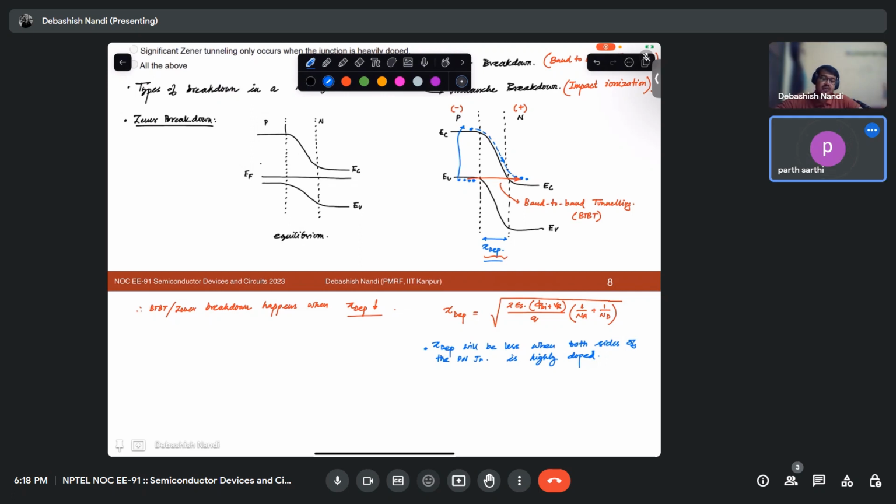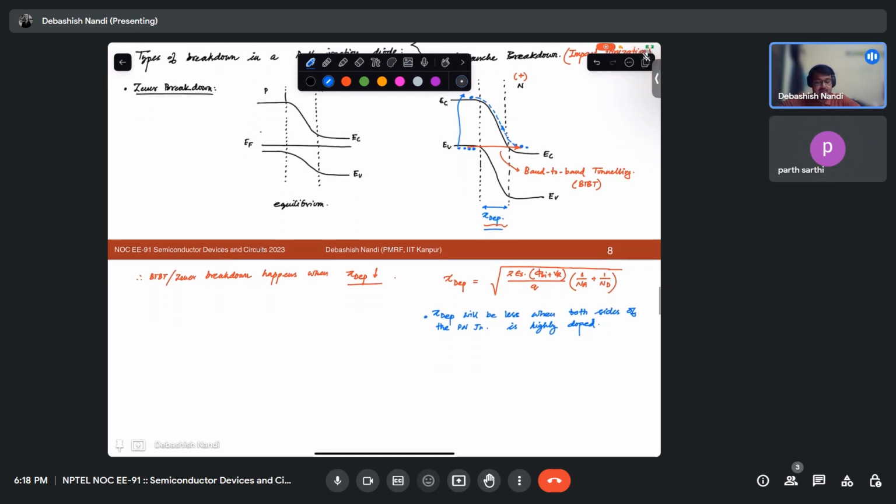So then you need to find out in which case this will be better. The depletion width will be lesser when both of the sides are highly doped, right? One side will not do. Both sides have to be highly doped because it is 1 by Na and 1 by Nd, right? Remember, that is also a very important point.